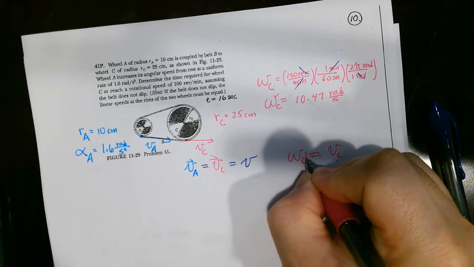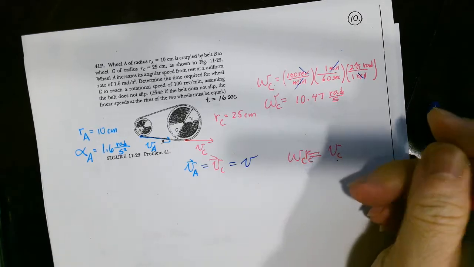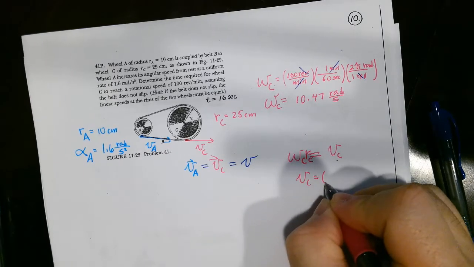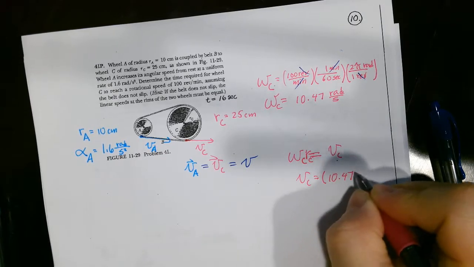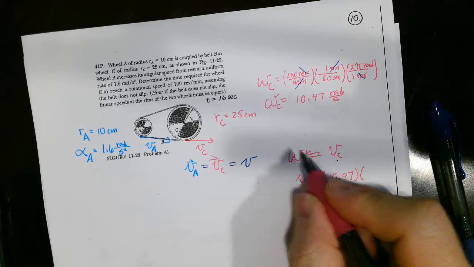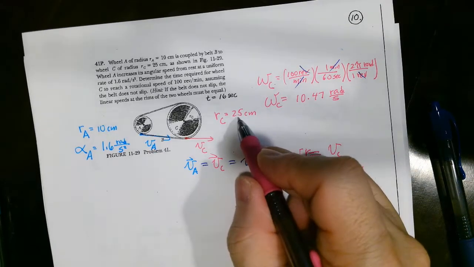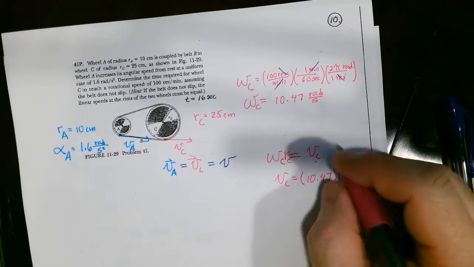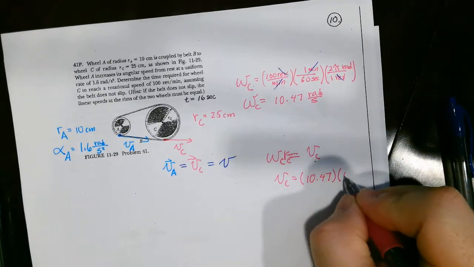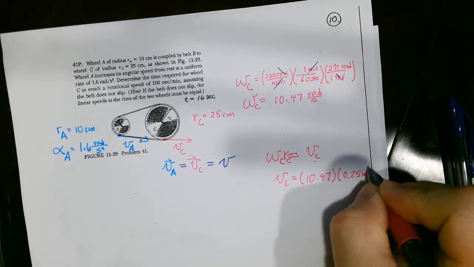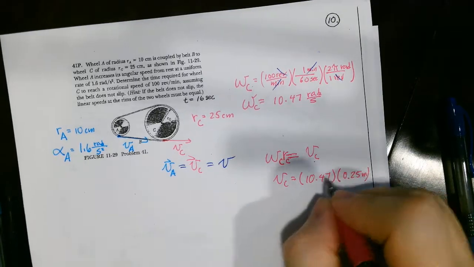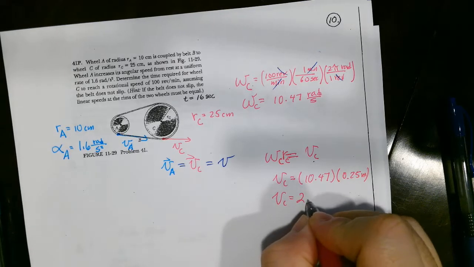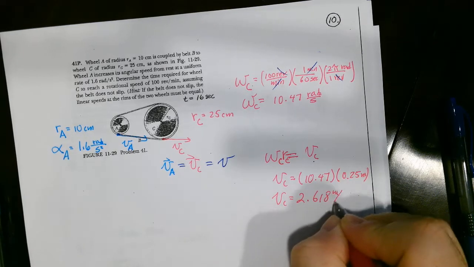Omega C times RC. So V at C is equal to 10.47 times RC, which is 25 centimeters. If you want to keep it in centimeters, you can, but I'd rather keep it in meters, so I'm going to say 0.25 meters. Right? So V at C comes out to 2.618 meters per second.